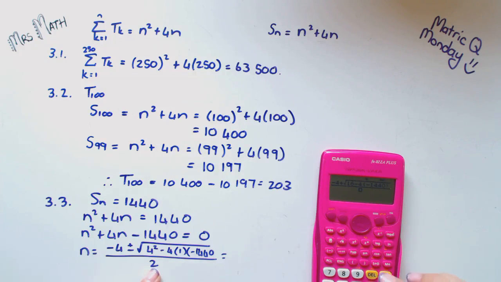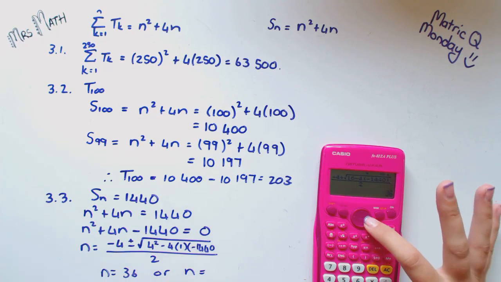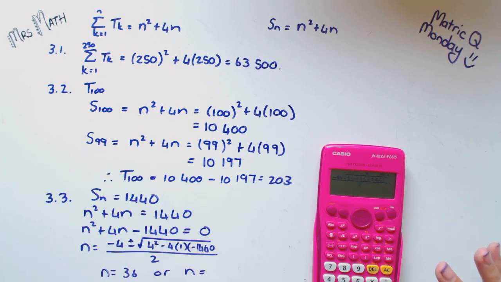And then I've got 2 at the bottom, and this gives me n equals 36, or n equals, I'm just going to make this plus a minus, and I've got minus 40. Right, now I won't have a term number minus 40, so this one is not applicable, or you can just write NA for not applicable, but then it's term number 36.